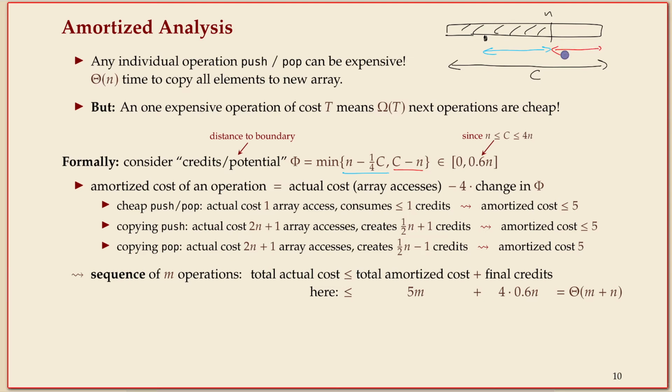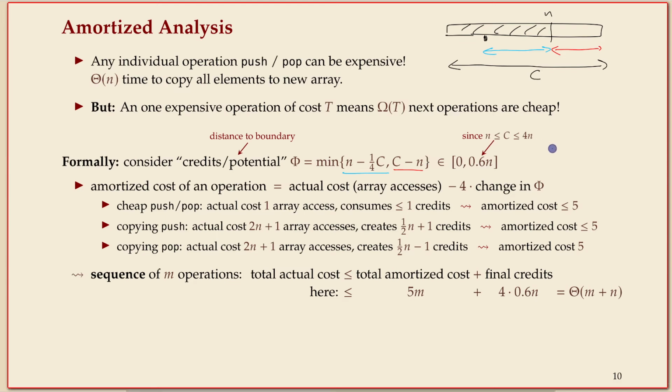So the intuition behind the potential is how far am I from the danger region? And take the smaller. So take the one where I'm closer to another costly thing. In this case, red looks a little smaller, so it's more likely that I have to pay to make the array bigger than make it smaller. So the potential measures the size of the safety buffer.